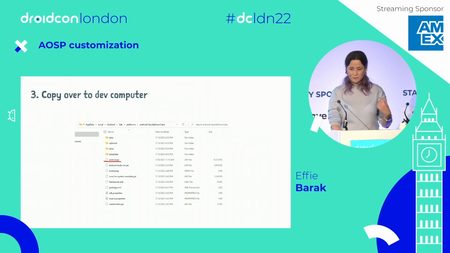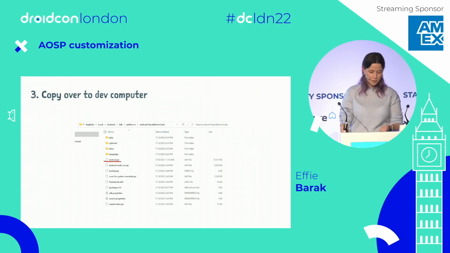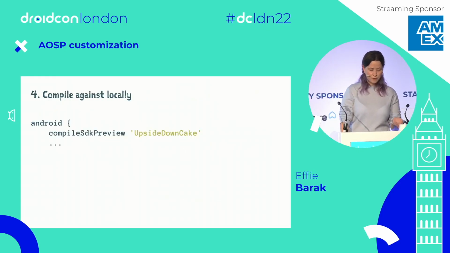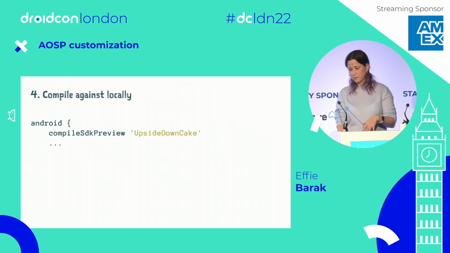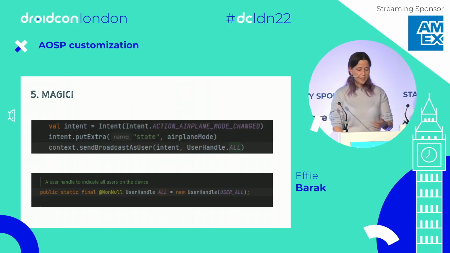We take this SDK that we created, move it over to our dev computer, and tell Gradle to build locally against it. Instead of building against, I don't know, 32, 33, whatever official version downloaded from Google, we're now building against our cheating one. And now it has all these properties. It can recognize that we are able to access them, that they exist, basically.